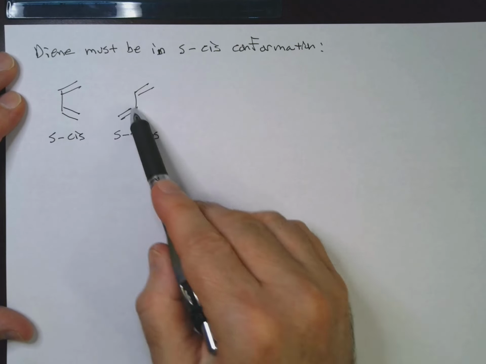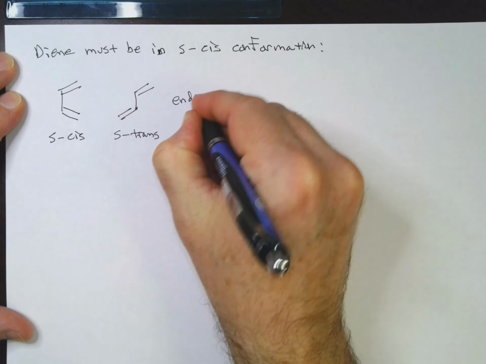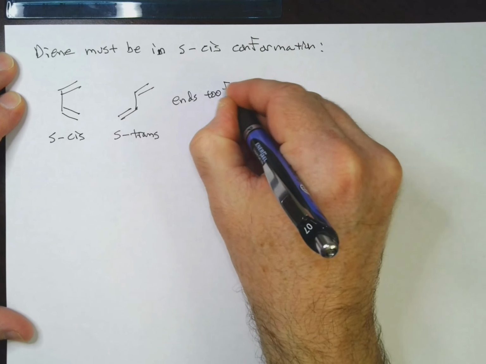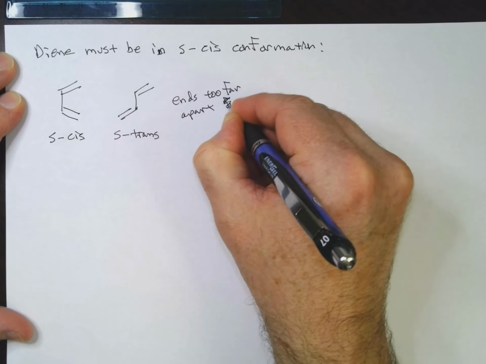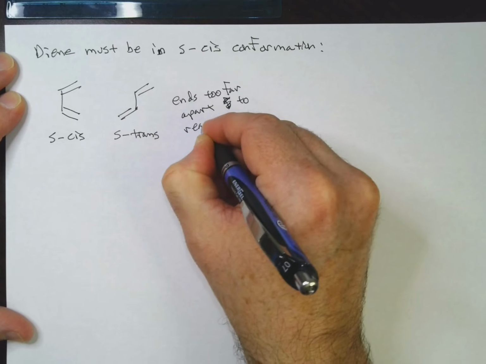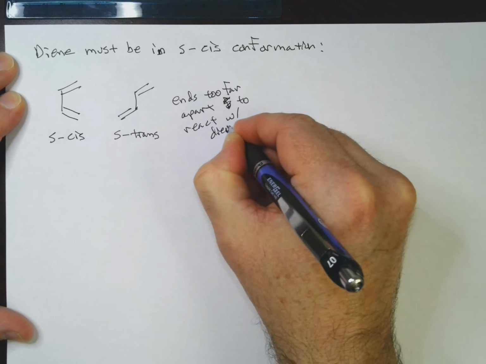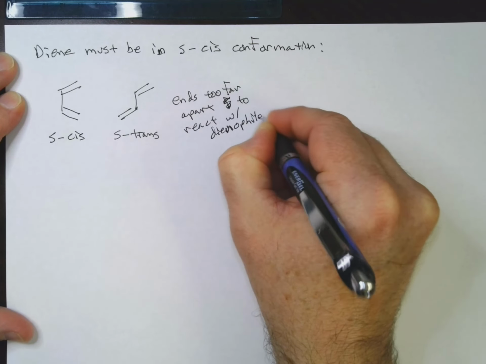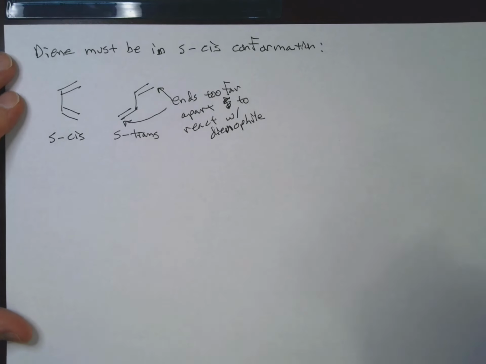If we're S-trans, we can't get it because these ends are too far apart to react with the dienophile. Just kind of point to those ends there. So you can see those are just a bit too far apart to have that reaction.